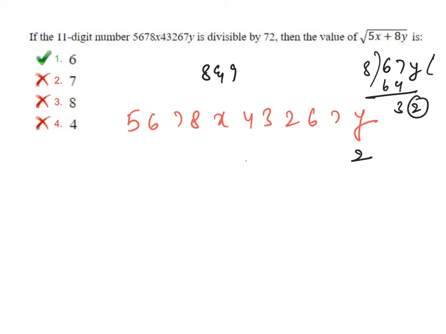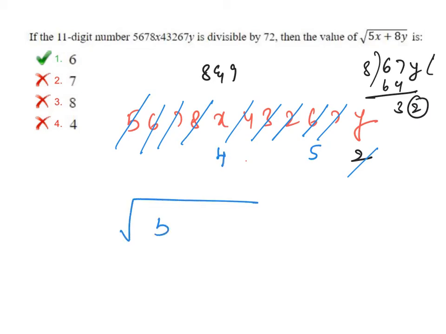Wherever the sum is 9, you can cancel it. 5 4 cancel, 6 3 cancel, 7 2 cancel. Now, this 7 2 is also cancel, 8 and 1 is cancel, which means 5 will be left out. So, value of x is 4. He is asking you 5 into x, 5 into 4, 8 into 2. 20 plus 16 is 36, root of 36 is 6.